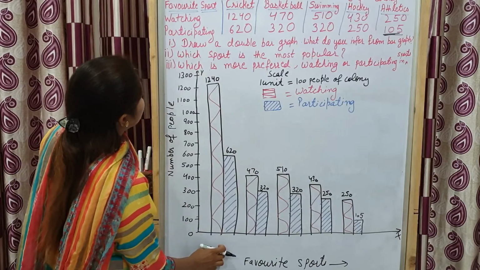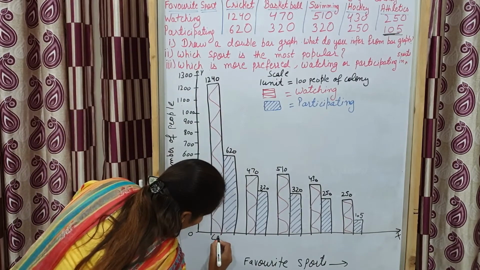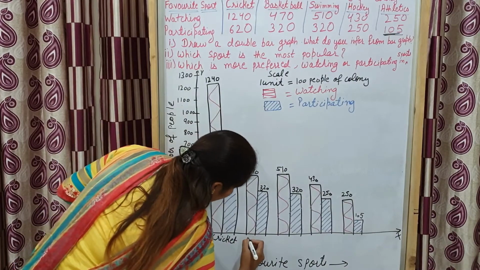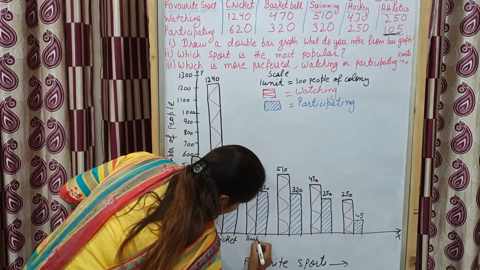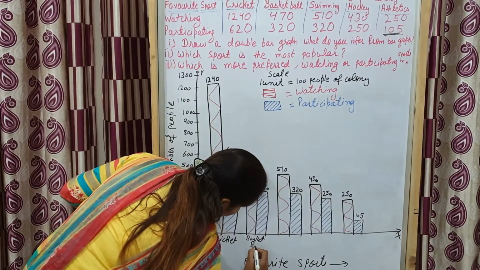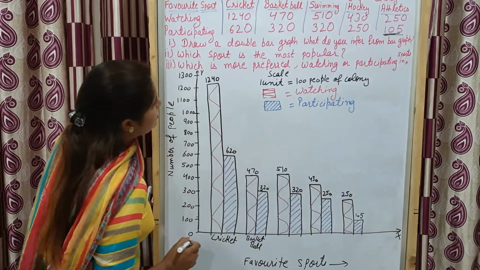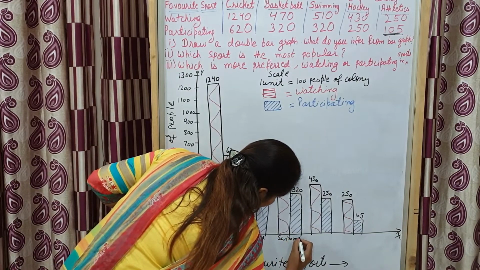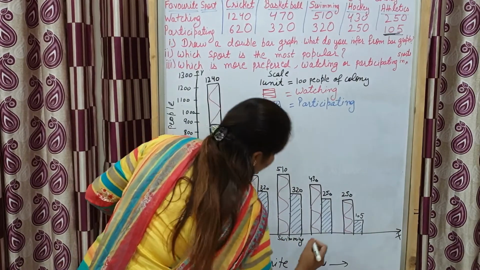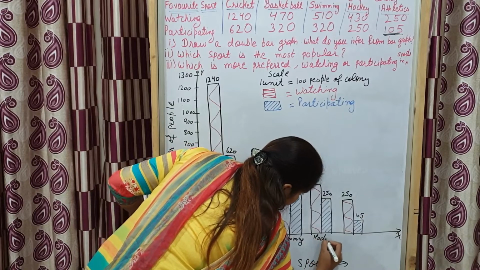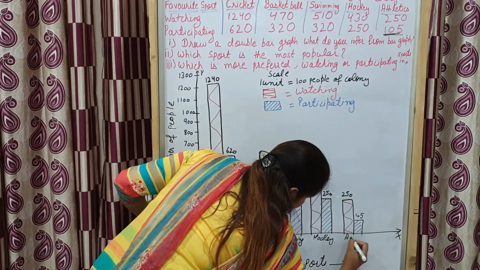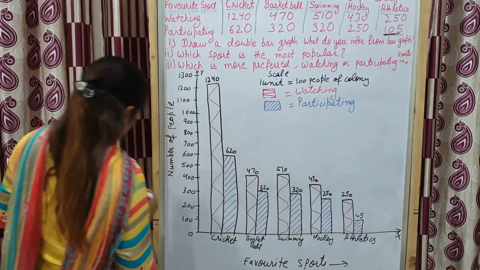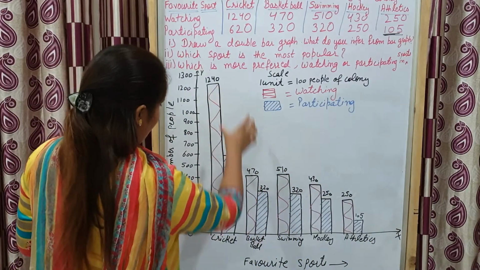So this one is cricket, so I am writing here cricket. Next is basketball, and next is swimming, and next is hockey, athletics. So this is about the double bar graph.